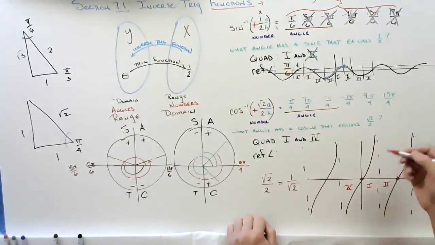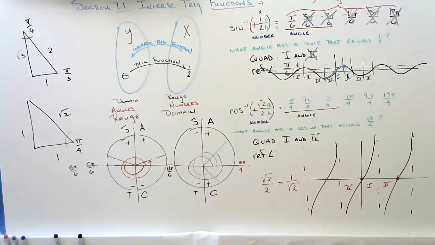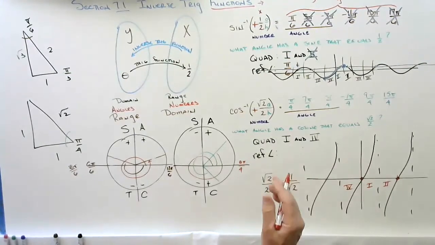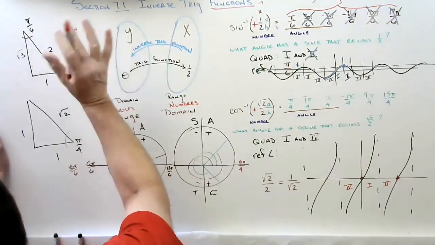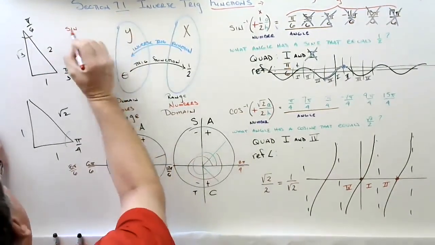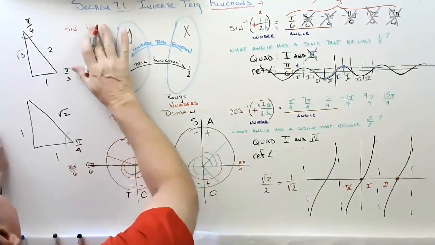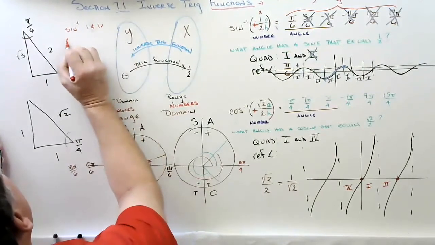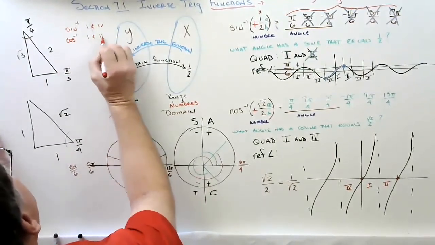So that's how I lead them into tangent is 1 and 4, cosine is 1 and 2, sine is 1 and 4. And then I erase the whole whiteboard, and I'll just write it right here. I write words, but I do this. I do sine is 1 and 4. I do cosine is 1 and 2.